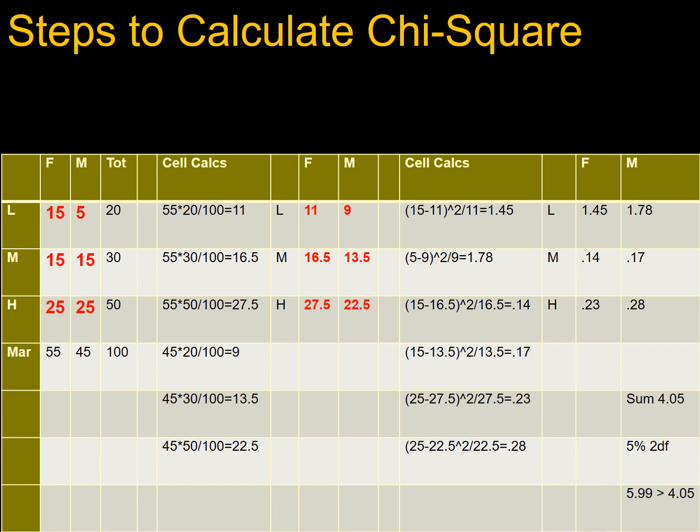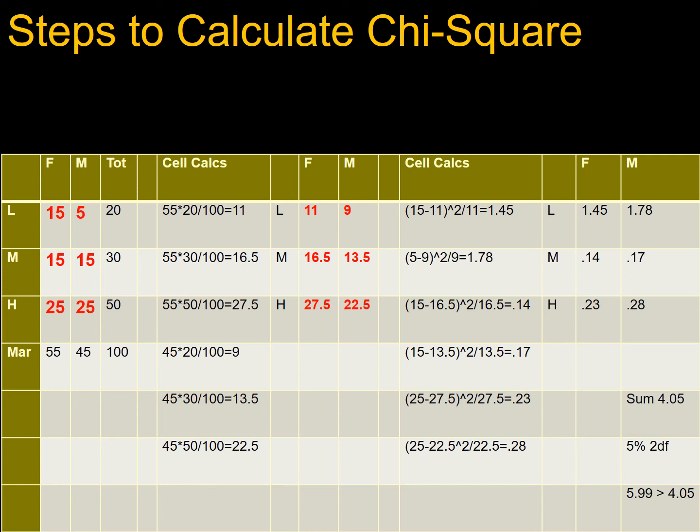We multiply that against 30, which is the value at the end of the row, indicated by medium support. We divide that again by 100, and that calculation gives us 16.5, and you can see the red 16.5. We then calculate again for female, marginal 55, multiply that against 50, which is the value in the total column at the end of the high support row. We divide that by 100, that equals 27.5, and you can see the red 27.5, which has been calculated.